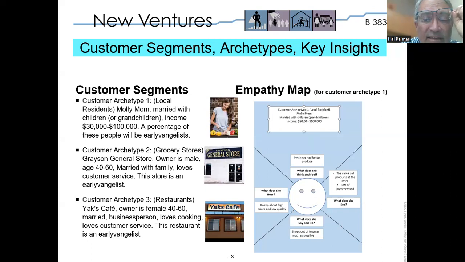What do they see? What do they hear? And what do they say and do? So this kind of gives an idea of what this archetype 1 would think and feel and say and do and hear. And I think that all this applies to our product.